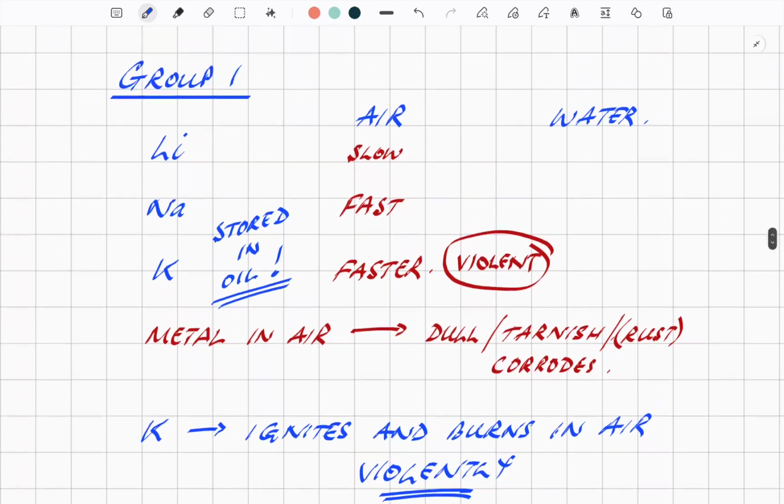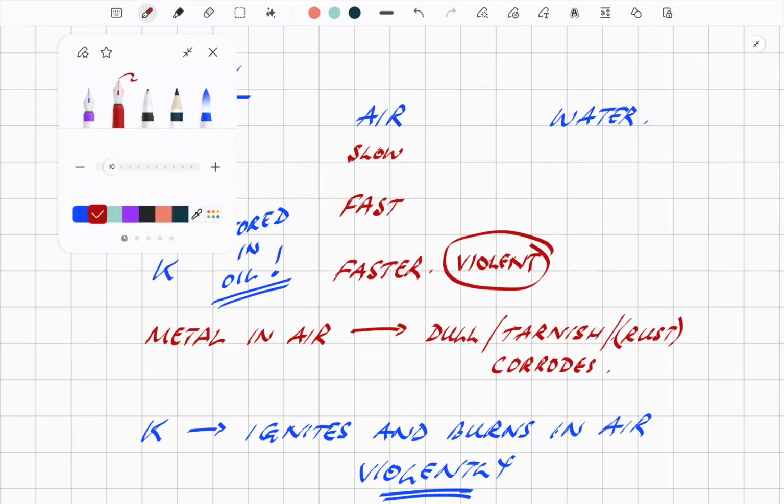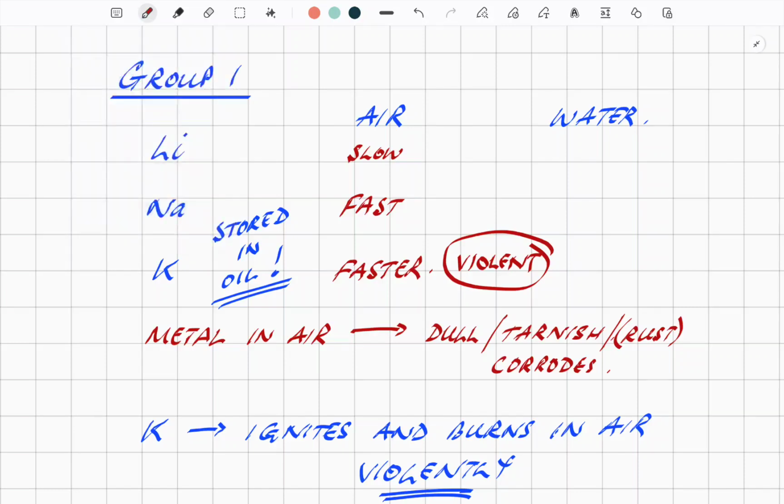Now, talking about the water bit, lithium again is slow. Sodium fizzes, and can sometimes actually give you a flame.